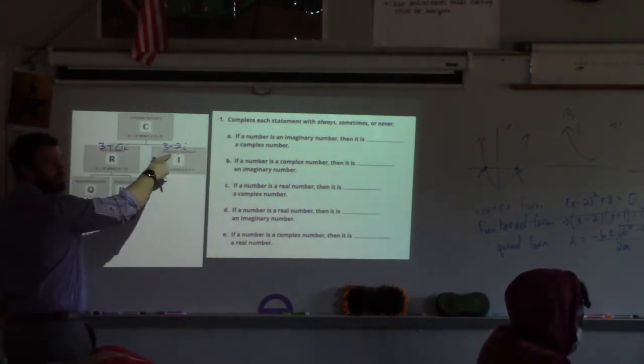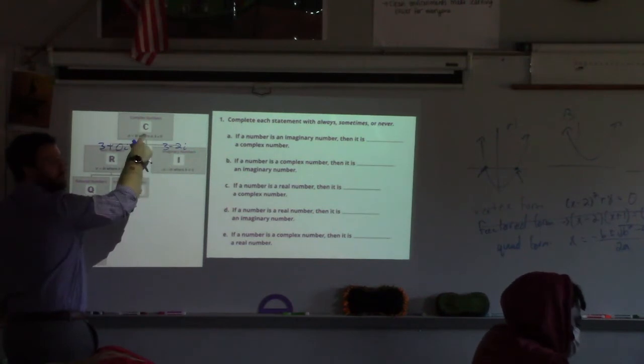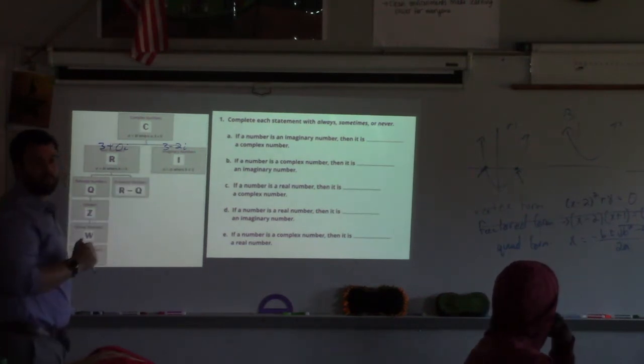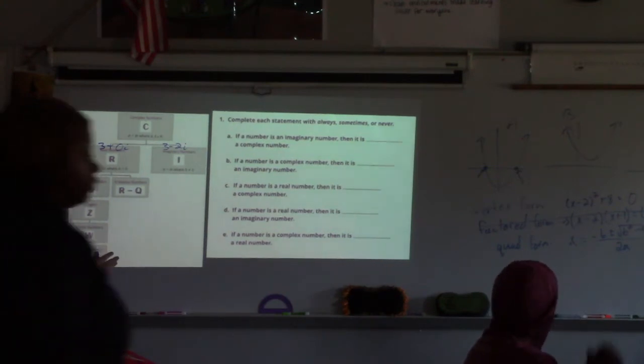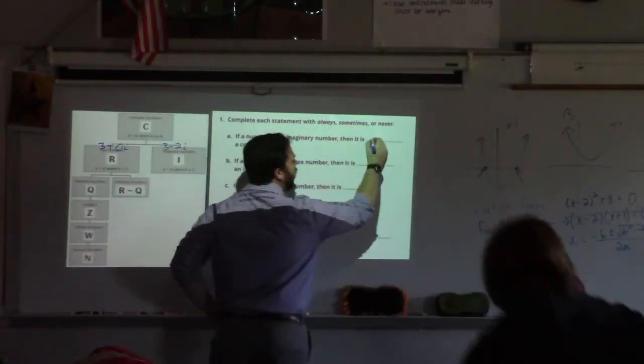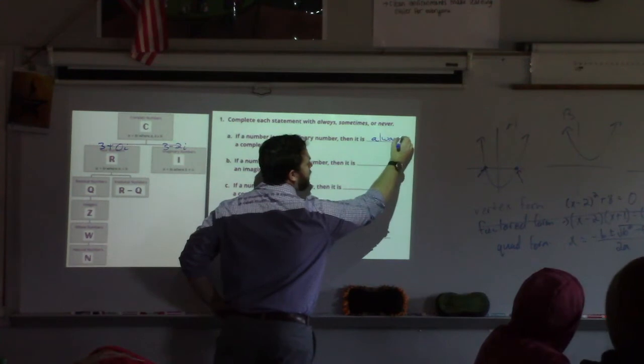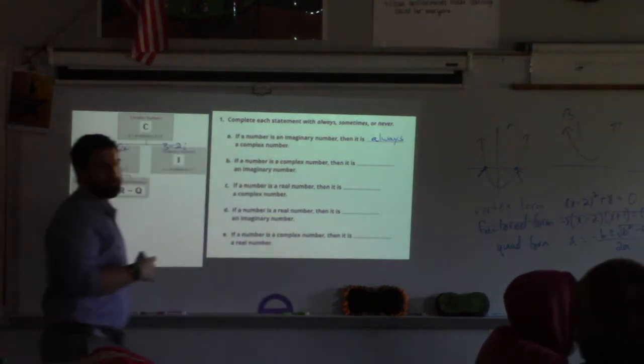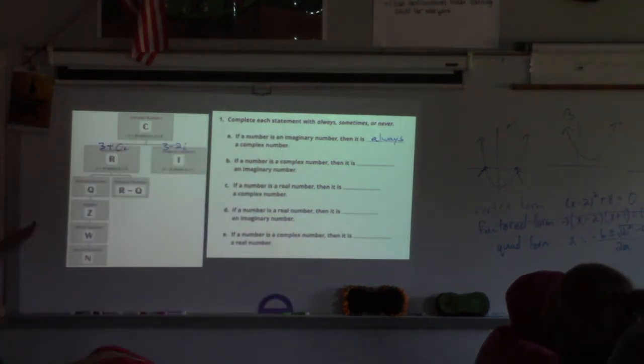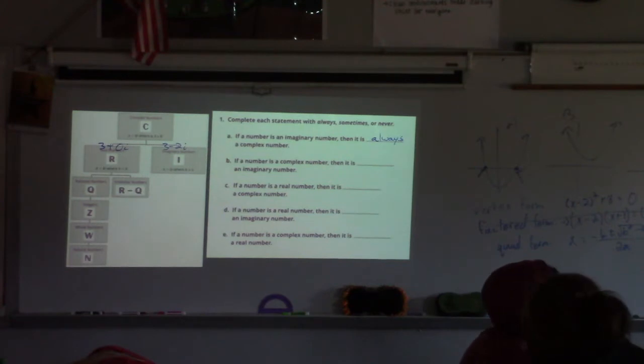Here's imaginary, that's an example. Is that a complex number? Yes. Will it always be a complex number? Yes. You cannot make an imaginary number that's not complex. It is always complex. Remember, complex numbers are that overarching group of real and imaginary. So if it's imaginary, it is complex.